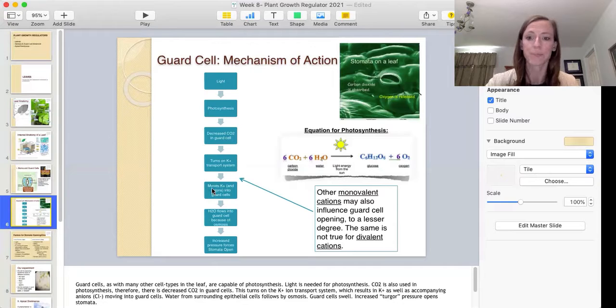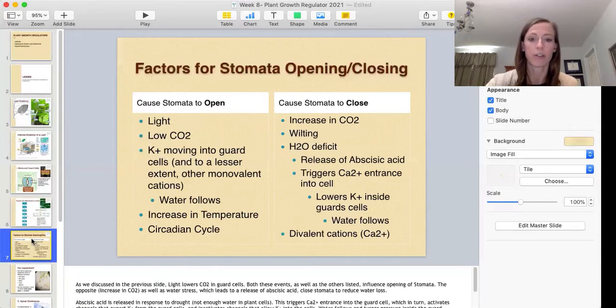Okay? So with photosynthesis, with an increase in light, with an increase of potassium inside the guard cell, these are all factors which will lead to the opening of stomata. Just to represent this a different way, I wrote it out here in word outline form.